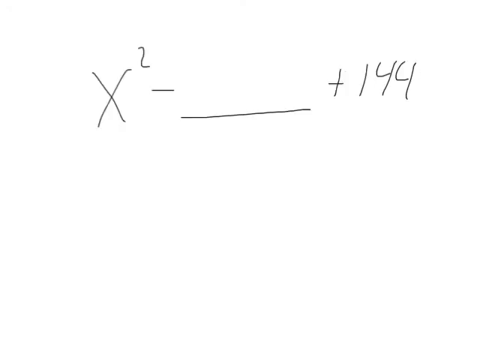Look at this problem. Again, this could form a perfect square trinomial. The first term is a perfect square, x squared. The third term is a perfect square, 144. Your job is to determine what value goes here in the middle that would make this a perfect square trinomial. Pause the video for a second while you contemplate that.